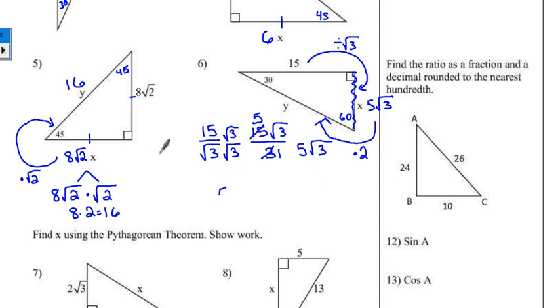If I need to multiply 5 square roots of 3 times 2, remember, I'm multiplying the numbers on the outside. That's going to be 10. And I'm treating this radical 3 like it's a variable. I'm just putting it right after it at 10 square roots of 3. That would be my hypotenuse.